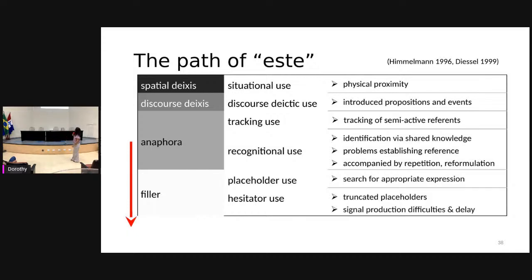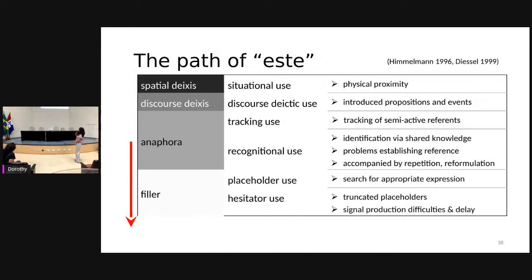And from the recognition use, my idea is that we get the placeholder function. Este is used until you remember the identity of the person that you want to talk about, and then you explicitly mention it.